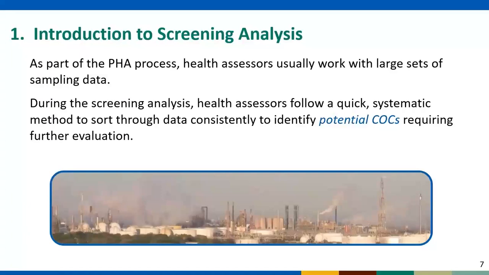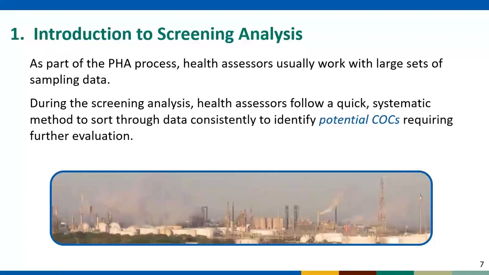A quick and easy first step is to compare the maximum detected contaminant concentration with the recommended ATSDR CV. But remember, this method is only used as an initial screen. You're not, at this point, incorporating site-specific exposure scenarios.